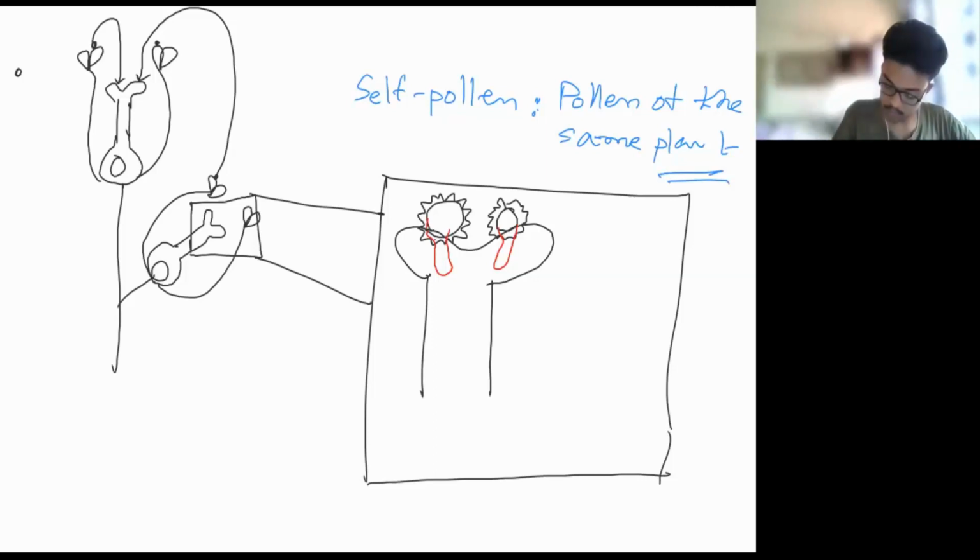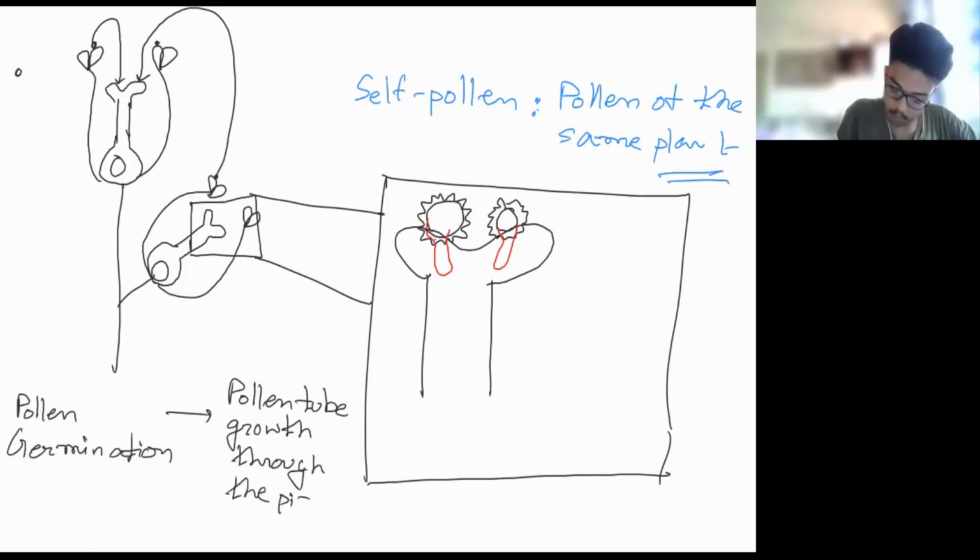So, one point is pollen germination. What is pollen germination? It is clearly given in the NCERT. Pollen tube growth through the pistil. So how is self-incompatibility preventing pollen germination? It is doing that by inhibiting the growth of the pollen tube. For example, this is a self pollen, I'm writing it as self only, and maybe it's a non-self pollen.